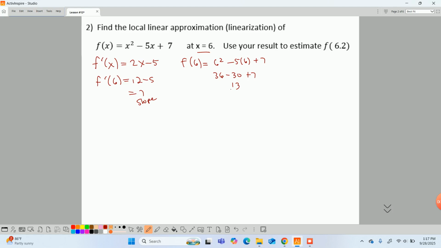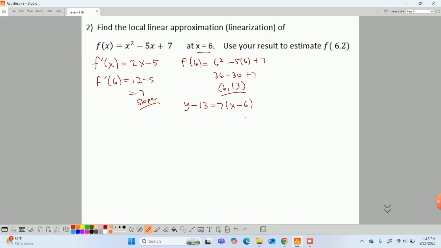So that means that when the x value is 6, the y value is 13. I'm going to write this as a coordinate, and that means we have our point and we have our slope right here. So the equation for the tangent line, or the linearization, if you will, would be y minus 13 equals the slope, 7, times x minus 6.